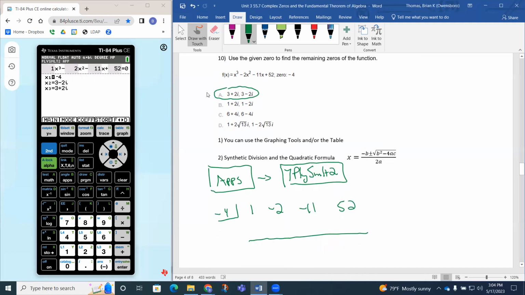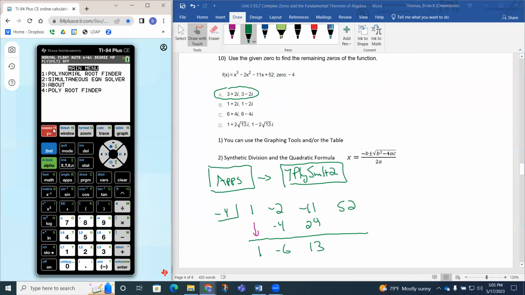Remember, in synthetic division, the 1 can come on down. Then I go -4 times 1, which is -4. We add the -2 and the -4 and get a -6. We multiply the -4 times the -6 and get a positive 24. A -11 plus a 24 would be 13. And then -4 times 13.